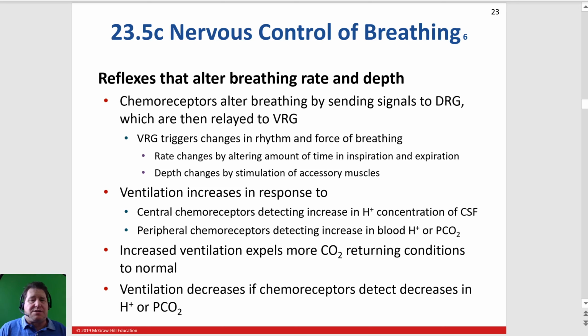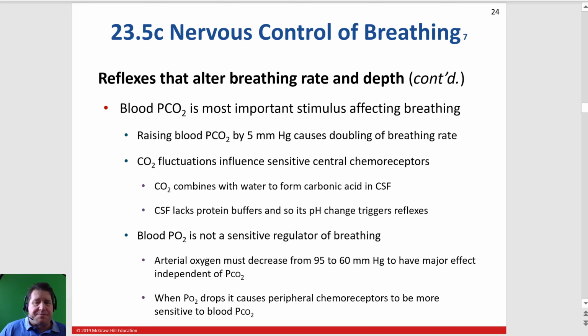All right, so how does it respond? Chemoreceptors, and then the respiratory centers in the brainstem. Ventilation decreases if chemoreceptors detect decreases in H plus or PCO2. Increased ventilation expels more carbon dioxide, returning conditions to normal.